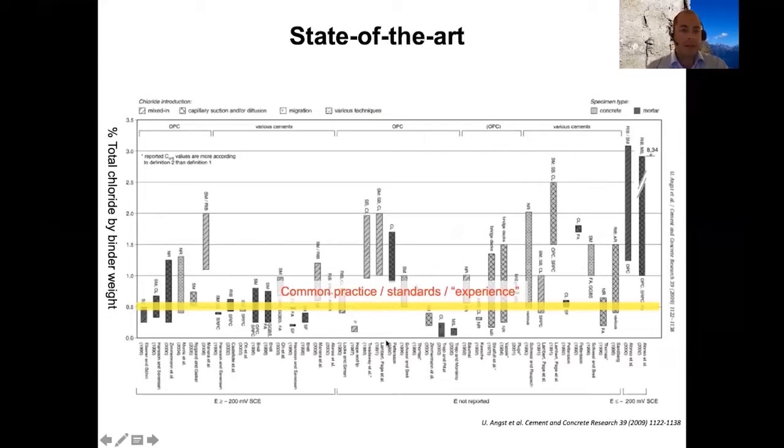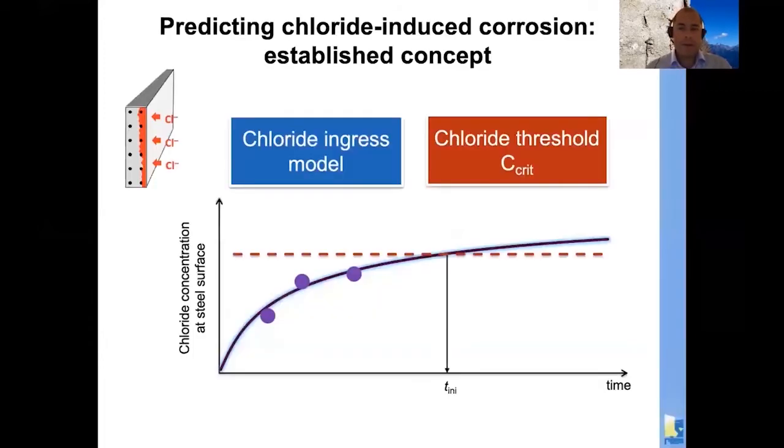It starts at values that are virtually zero and goes up to values above 3% of chloride by weight of binder in the concrete. So of course, if this threshold value is uncertain or exhibits a high scatter in the literature, it questions the usefulness of such models to describe chloride-induced corrosion initiation.